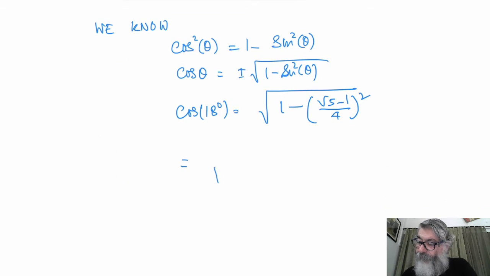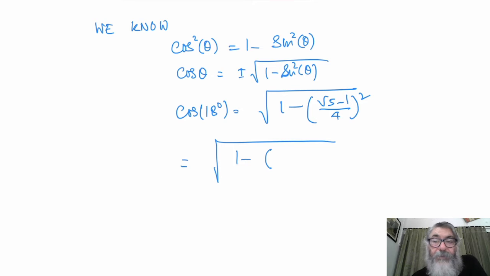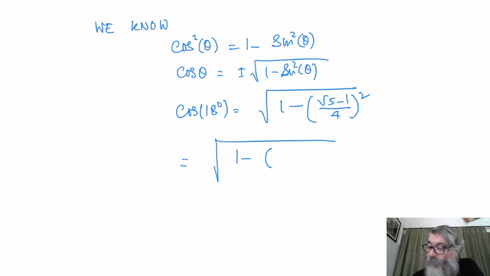This will become 1 minus, when I square this, root 5 minus 1 whole square, a minus b whole square is square of the first term, that is 5, plus square of the second term, plus 1, minus 2 root 5 upon 16, and it will become LCM.